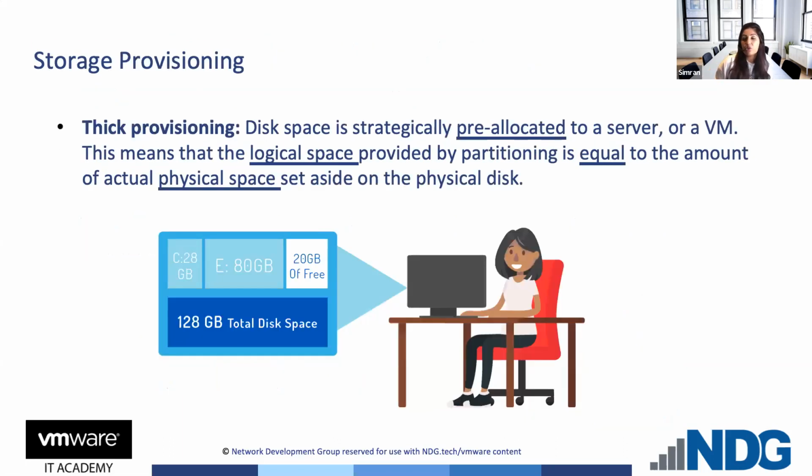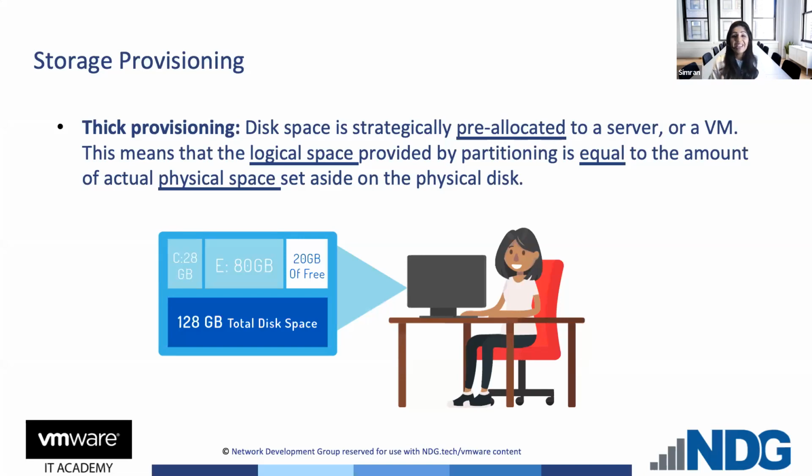So how is storage actually allocated, right? How do we provision storage? Now, thick provisioning is the traditional model of storage provisioning. What happens with thick provisioning is that a large amount of storage space is provided in advance, all in anticipation of how much future storage you'll be using. So, before you set up a virtual machine, you assume how much storage a particular server or virtual machine will utilize, and then you allocate that space.